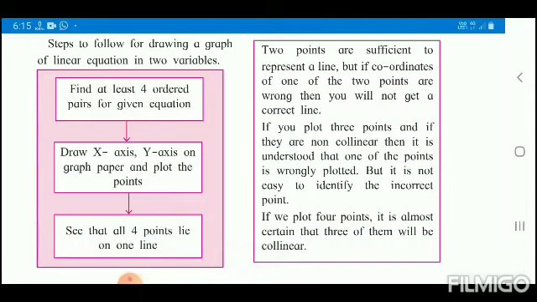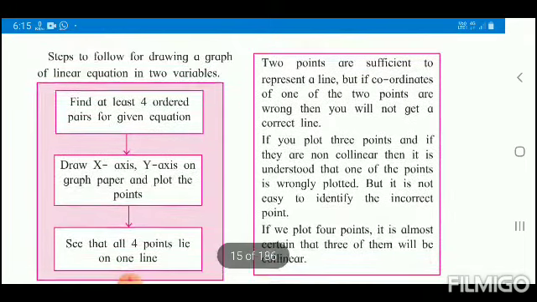2 points are sufficient to represent a line, but if the coordinates of one of the 2 points are wrong, then you will not get a correct line. Means you will not get collinear points and you will not get a straight line. Maybe some points will be non-collinear.